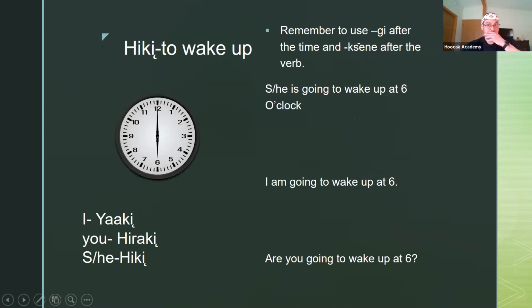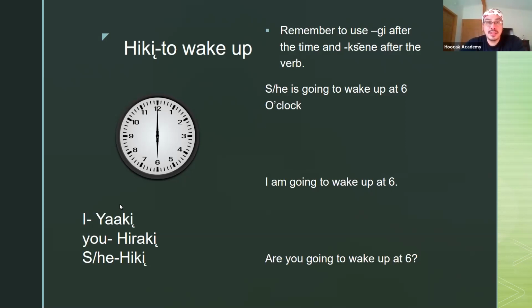Hiki, to wake up. And also I did put the conjugations on the lower left-hand side again. So hopefully that won't block out the sentences. Maybe I'll put it a little higher. So remember to use gi after the time and shane after the verb.